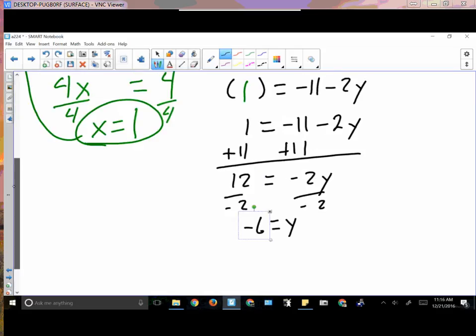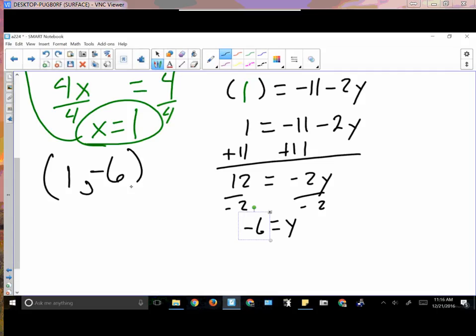So the final answer for this one turns out to be 1, comma, negative 6. And again, whenever we are dealing with x's and y's, whenever we are going through and dealing with lines, we want to make sure that we set this as a set of coordinates.